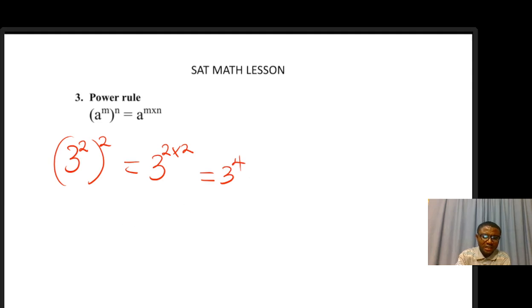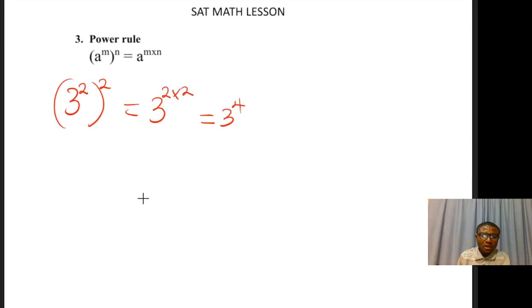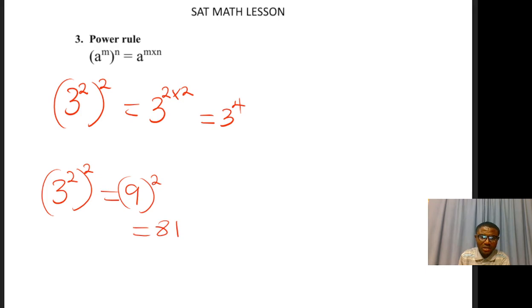Now, when we have this again, 3 to the power of 2 raised to the power of 2, we can also solve this starting from what we have inside the bracket. 3 to the power of 2 is 9, right? And 9 squared is 81.